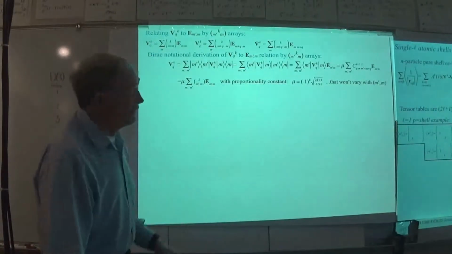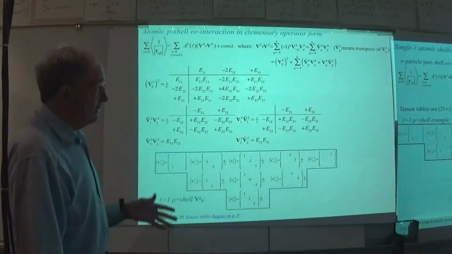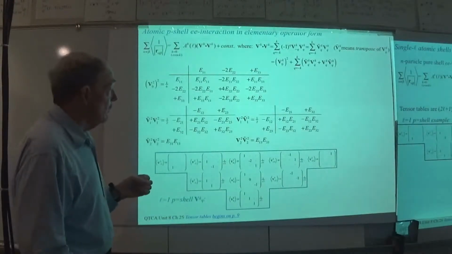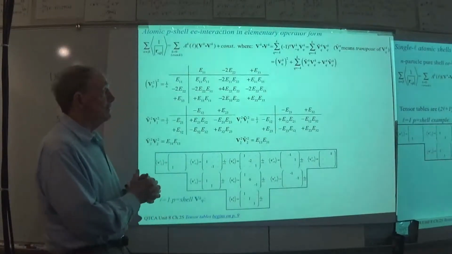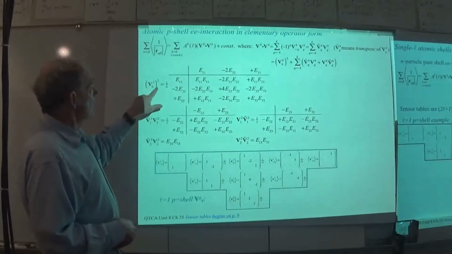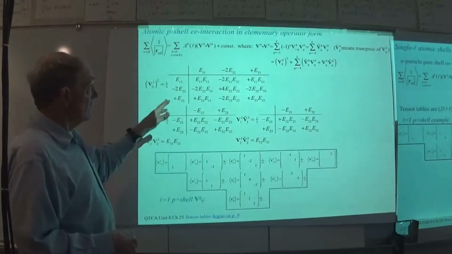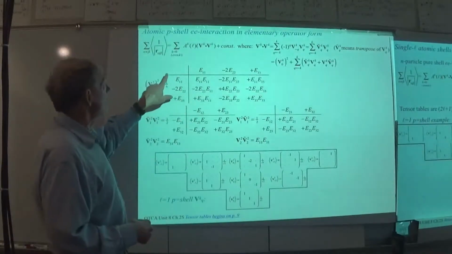So this is just another way to look at it. It may be useful to do that. This is another way to write it out. It's not the one that we're going to use, but if you really get stuck, it's worthwhile just seeing how in elementary operators each one of these tensors is written. Just write them out.